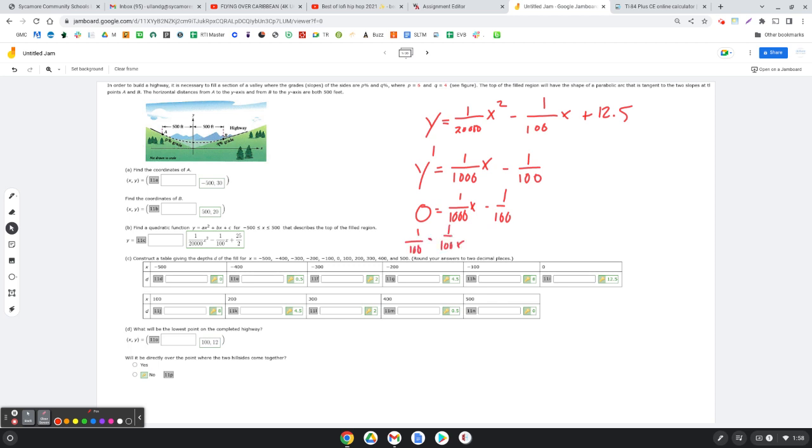Cross multiply, you get 1,000 x equals 100. X is 0.1. Uh-oh. You have to plug that in. Did I solve this wrong?